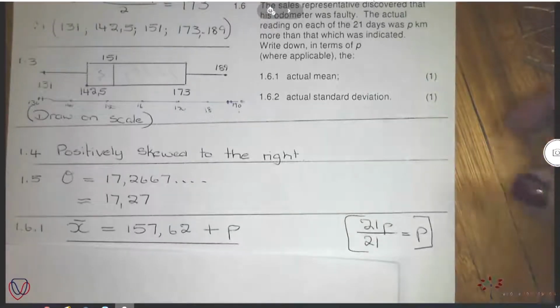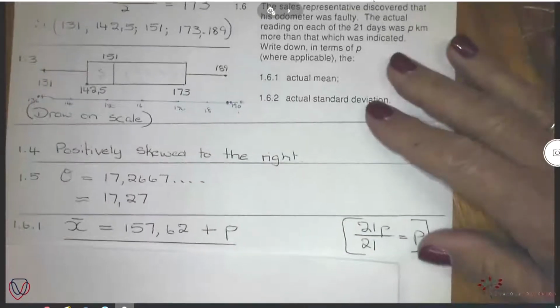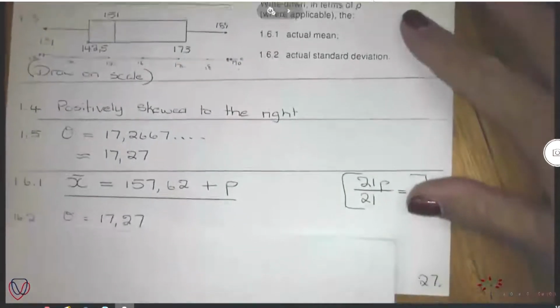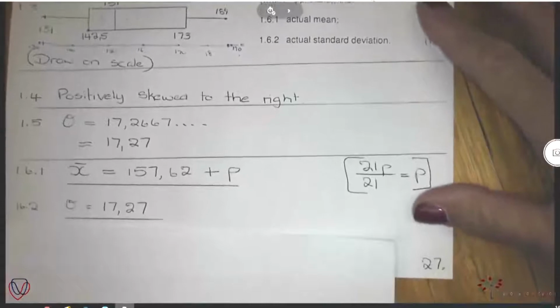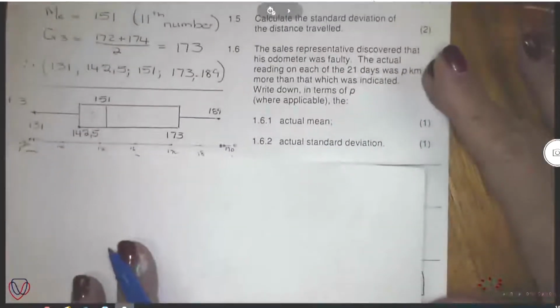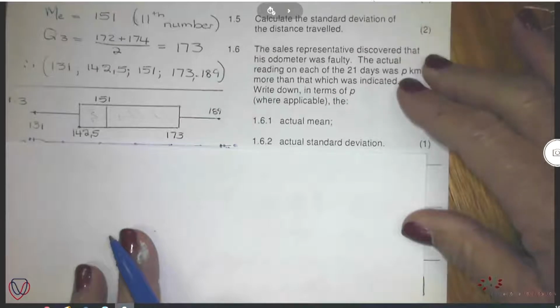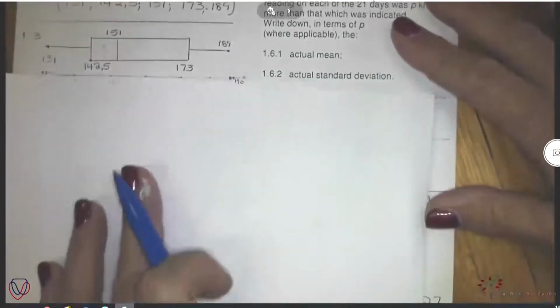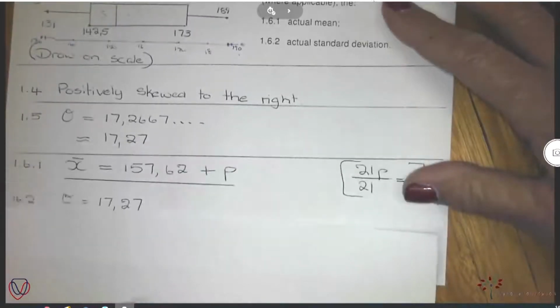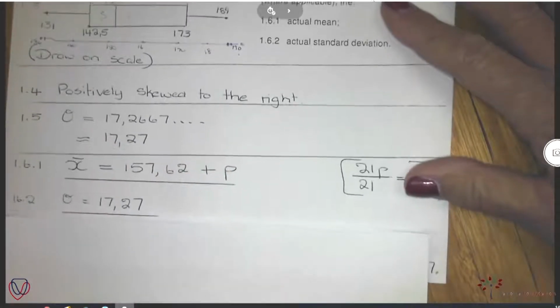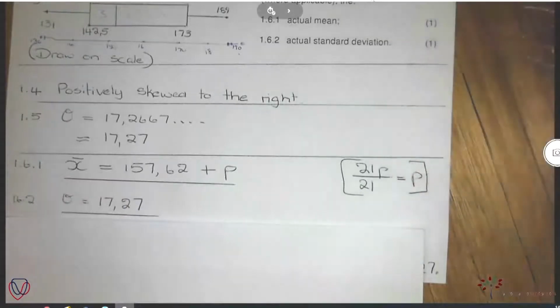Okay. Right, let's have a look at 1.6.2. Determine the actual standard deviation. Now you determined the standard deviation, there it is. Now the actual standard deviation will stay the same, because of the fact that the same number was added to each of those distances.